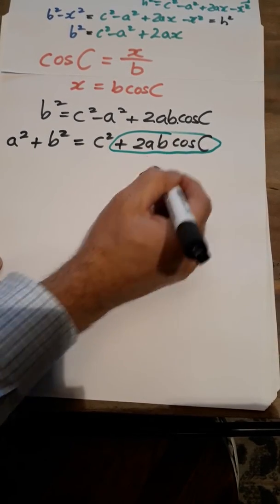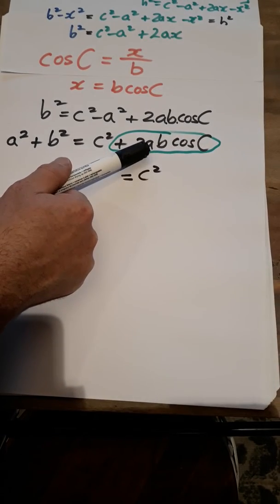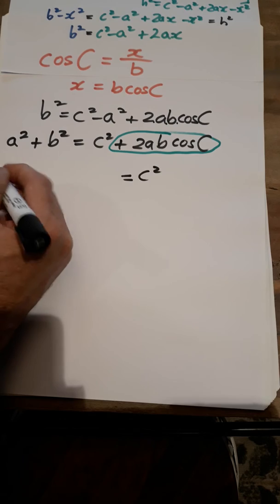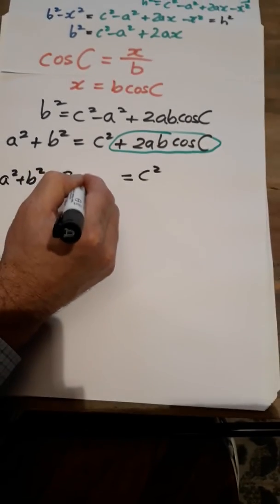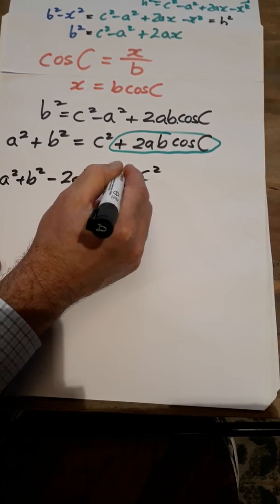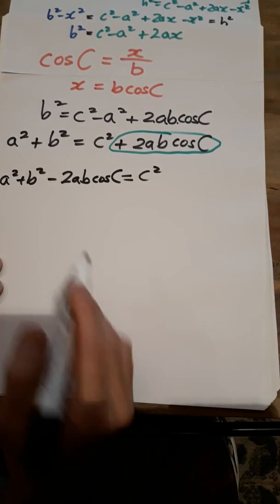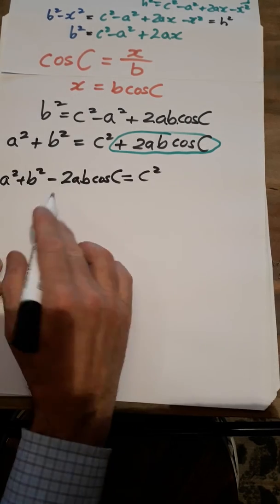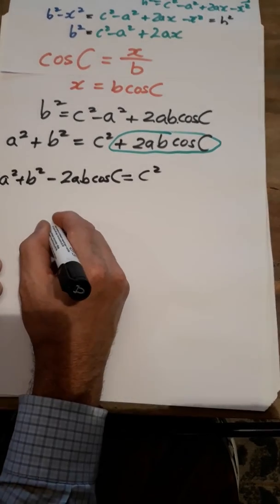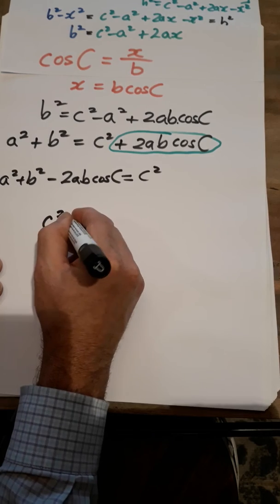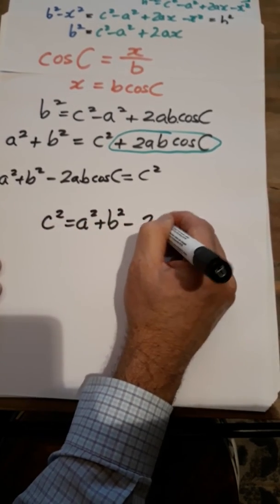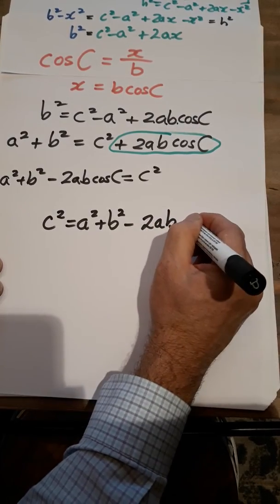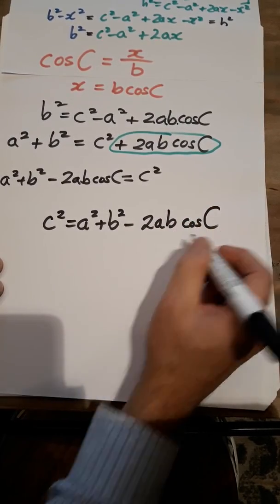Over here, I'll just be left with c squared because I've minused off 2ab cos C. But on this side, I'll have a squared and b squared, and then I've got to minus off 2ab times cos of C. Now we normally would swap those sides left and right completely and see it written as c squared equals a squared plus b squared minus 2 times side A times side B times the cos of angle C.